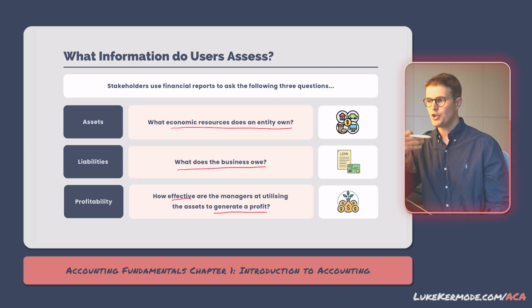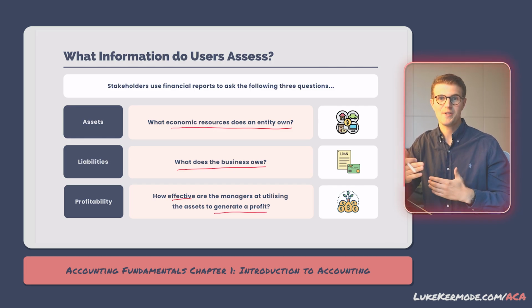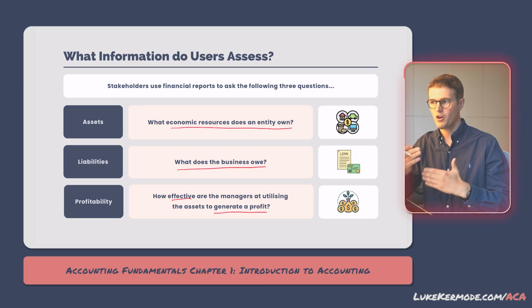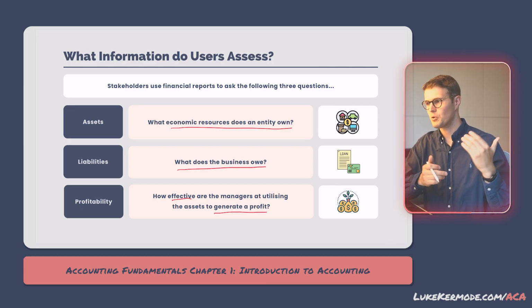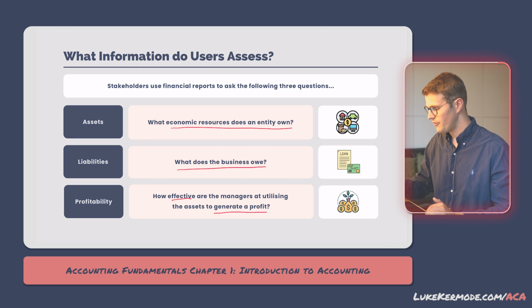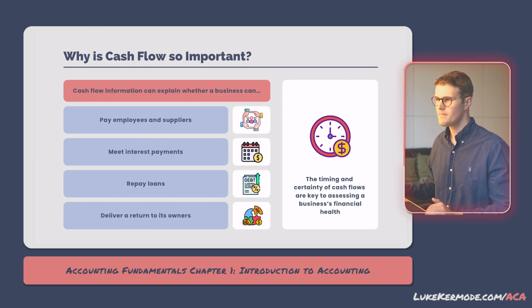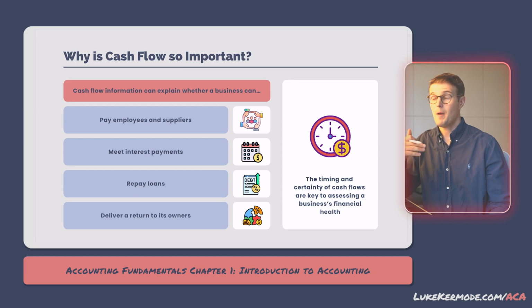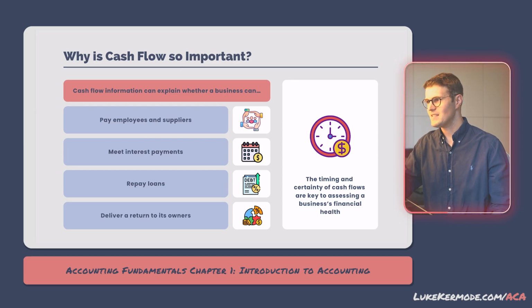Are the managers making good use of the business's assets? Are they delivering high returns on the investment made into the business by both the providers of debt and equity capital? And this information helps users judge not only the health of the business, but also the quality of its managers.